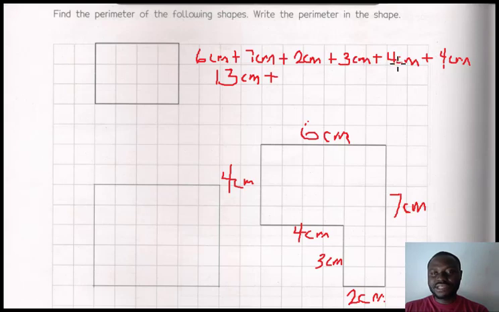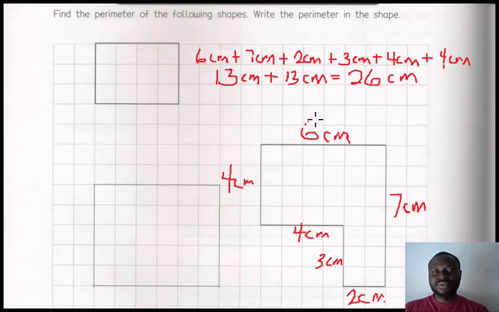Then 5 plus 4 is 9. 9 plus 4 is another 13. So we have plus 13 again. So we have doubles. 13 plus 13 is going to give us 26. And don't ever forget your unit, 26 centimeters. It's very, very important.